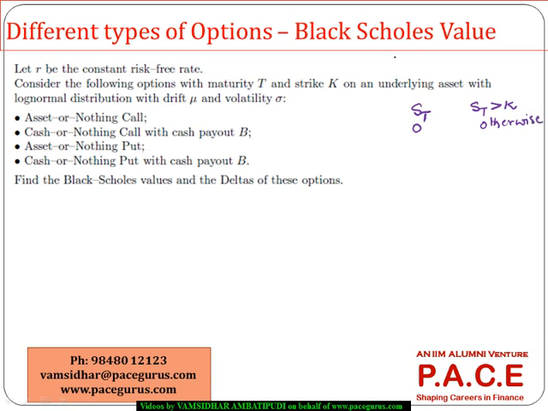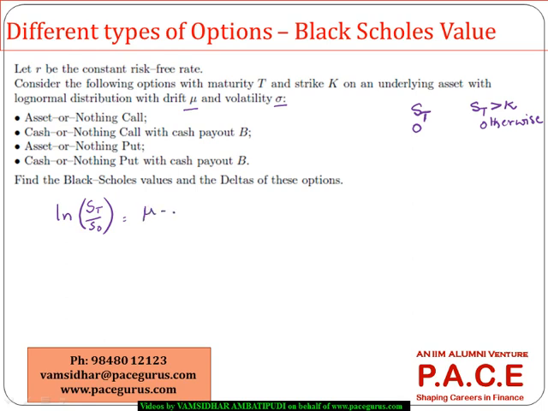So because this is the situation and we are talking about drift mu and volatility sigma, I am simply saying log of ST by S0 follows a log normal distribution.